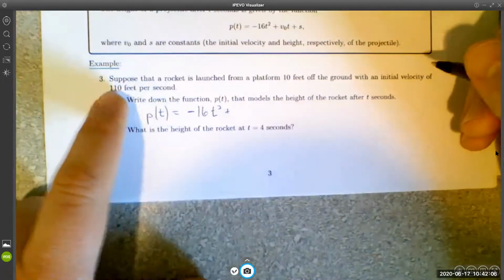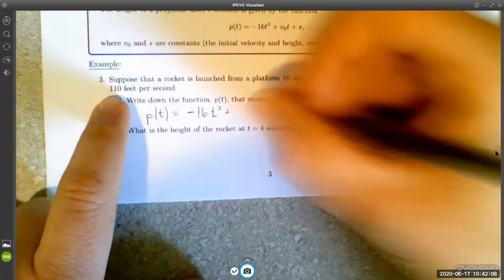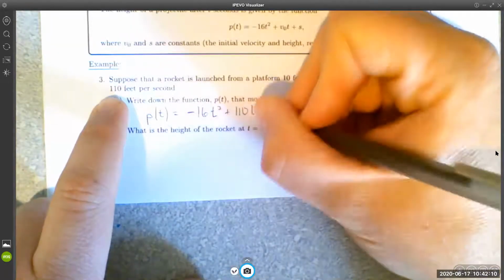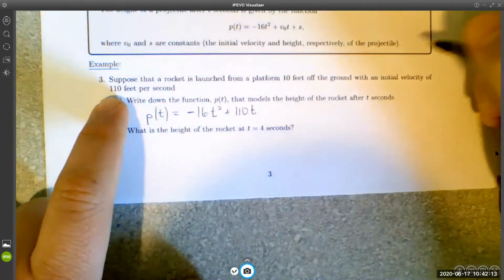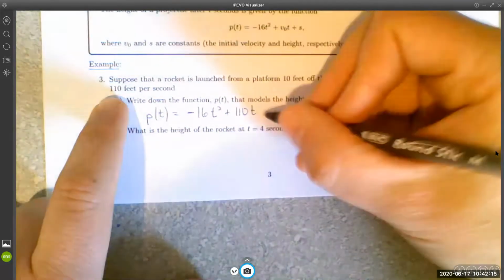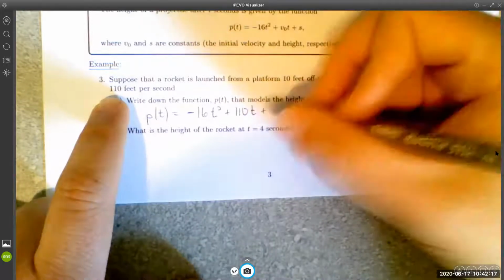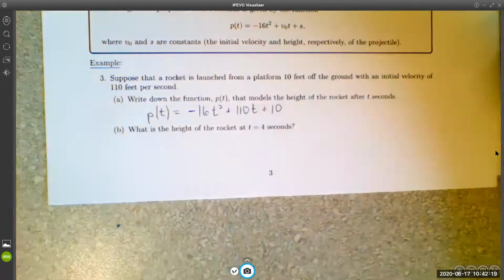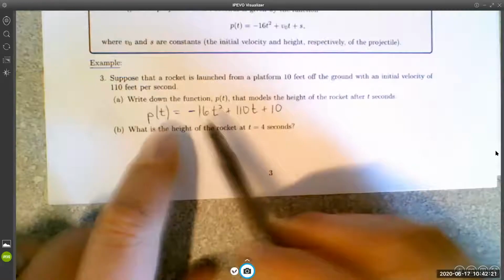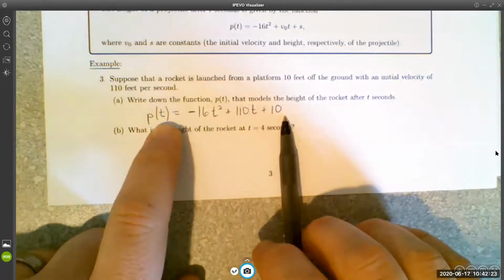The initial velocity we said was 110 feet per second, so 110t. Plus the initial height, which we said it was launched from a platform 10 feet off ground, so the initial height is 10. Okay, so this function tells us how high the projectile is from the ground after t seconds.